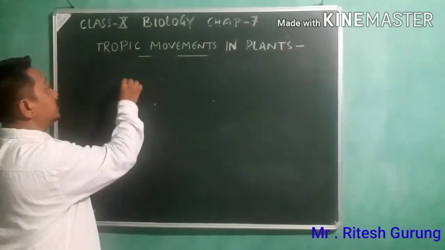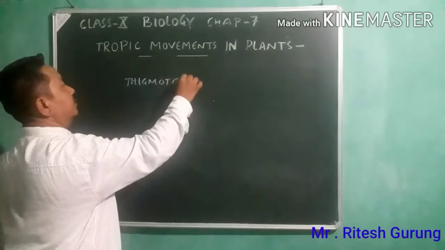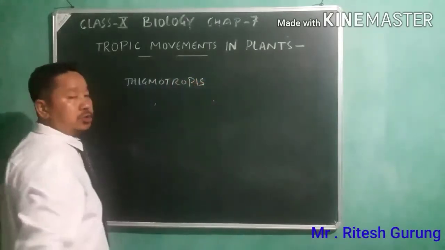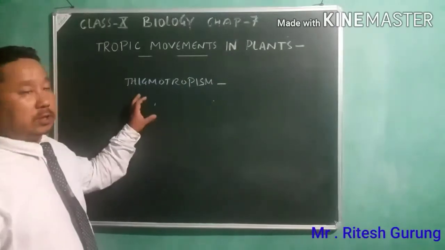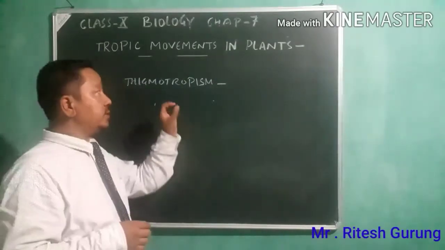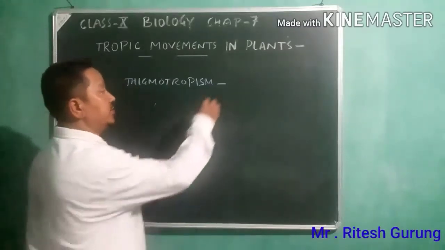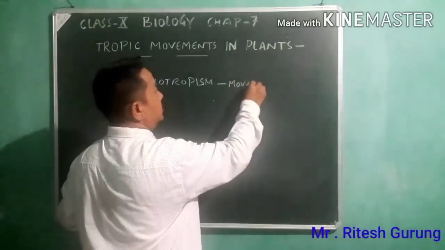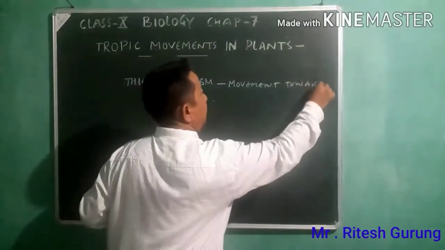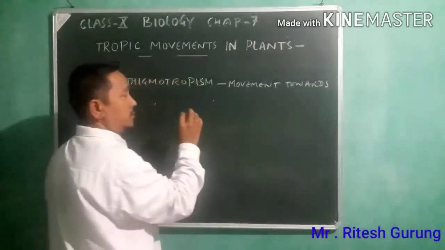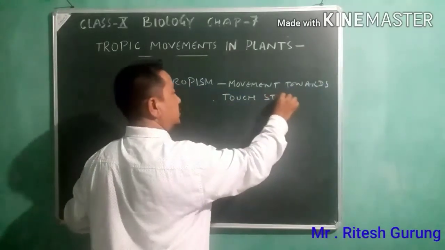Now we have thigmotropism. Thigmotropism is another growth response shown by plants, which means movement towards a touch stimulus.